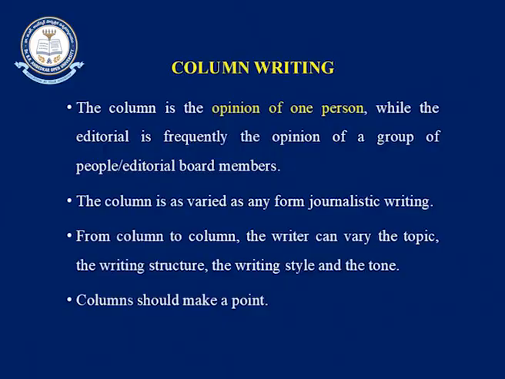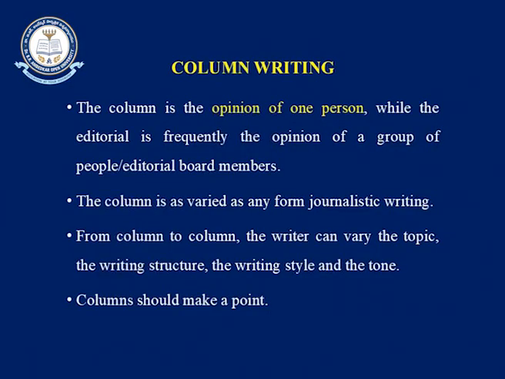One more important section in this unit is column writing. The column is the opinion of one person, while the editorial is frequently the opinion of a group of people, editorial board members. The column is by a person who regularly contributes opinions to that particular publication.